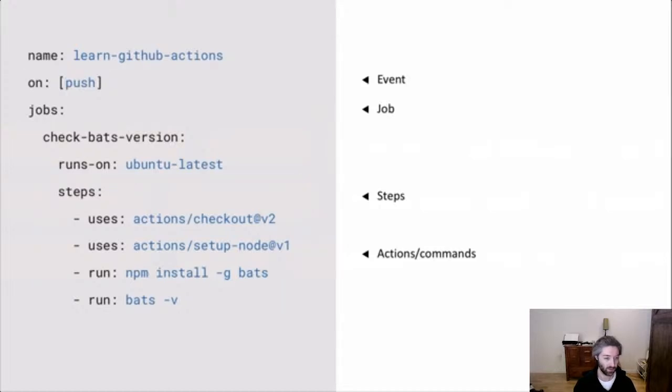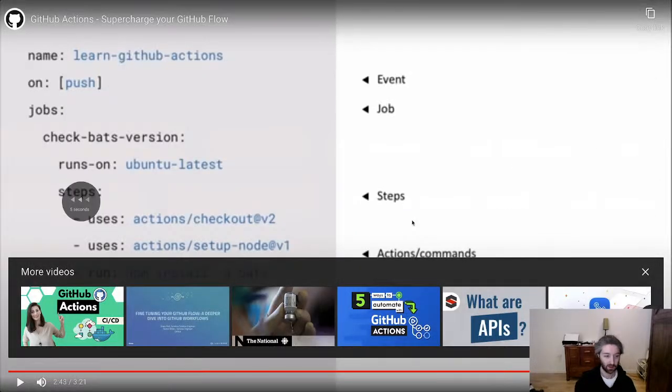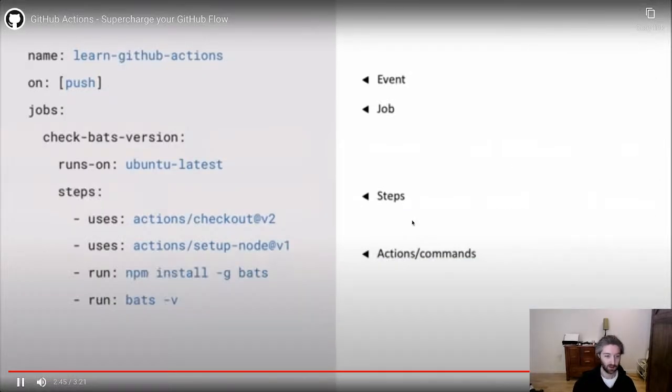So in this example workflow, it automatically triggers a series of commands whenever code is pushed. GitHub Actions checks out the pushed code, installs the software dependencies, and runs bats -v to output the software version. Check out the pushed code.